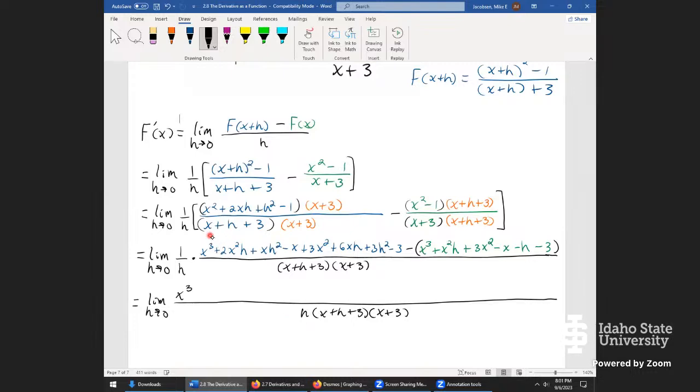It goes x cubed, plus 2x squared h, plus x h squared, minus x, plus 3x squared, plus 6xh, plus 3h squared, minus 3. Here's where we negate everything. Distribute in the negative sign, and we'll get minus x cubed, minus x squared h, minus 3x squared, plus x, plus h, plus 3.